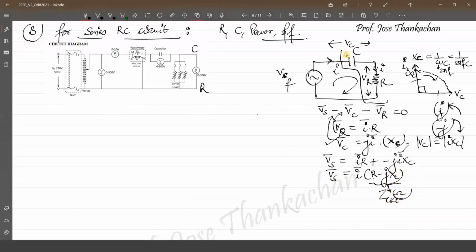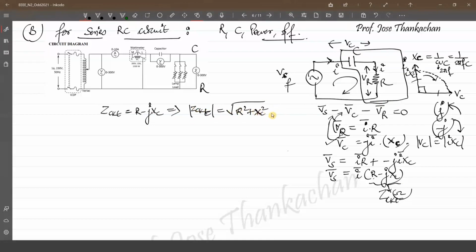So if this is your complete circuit like this, the total impedance is R minus JXC. So I can write here Z circuit is equal to R minus J times XC. And if I write down the magnitude, Z circuit magnitude can be written as root of R square plus XC square, because even though this is A plus JB or A minus JB, the magnitude is the same.